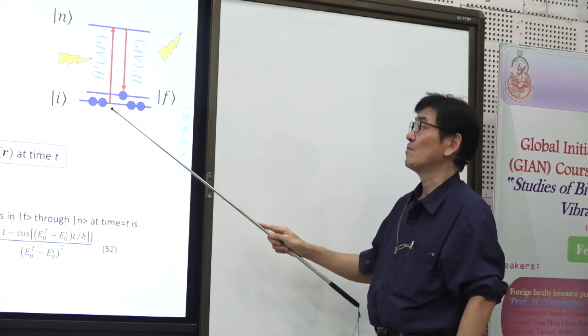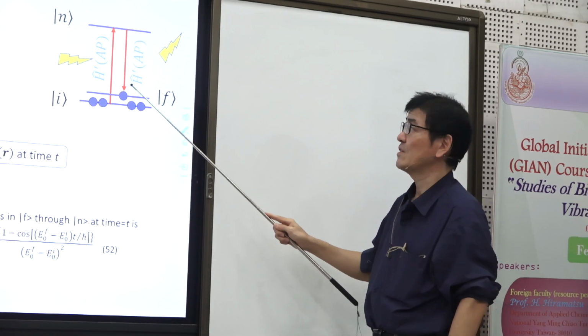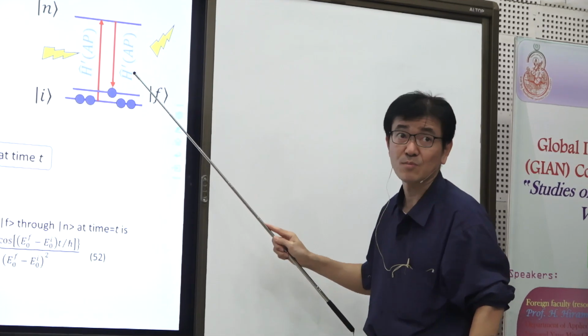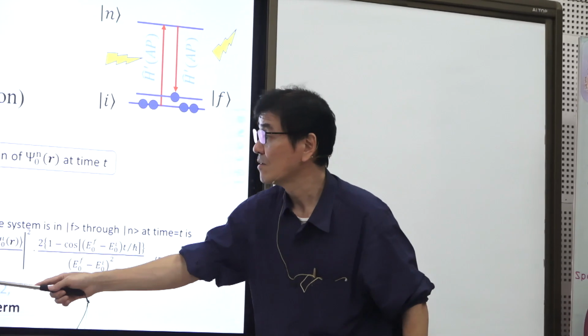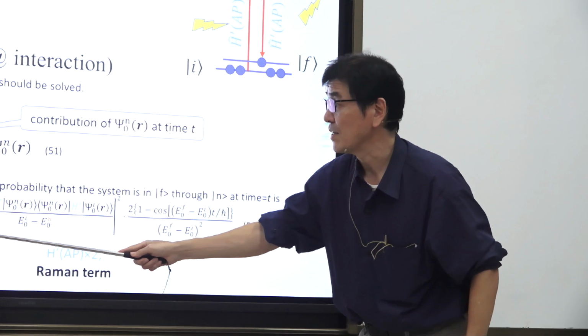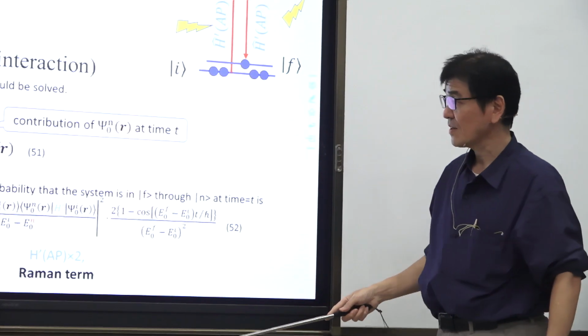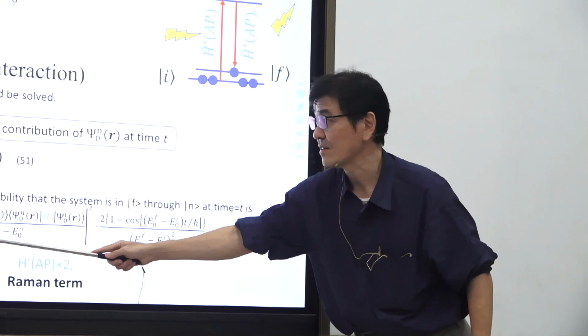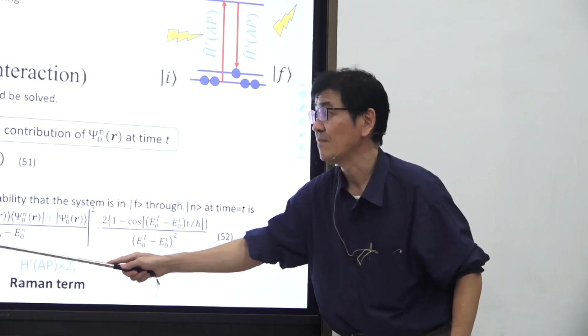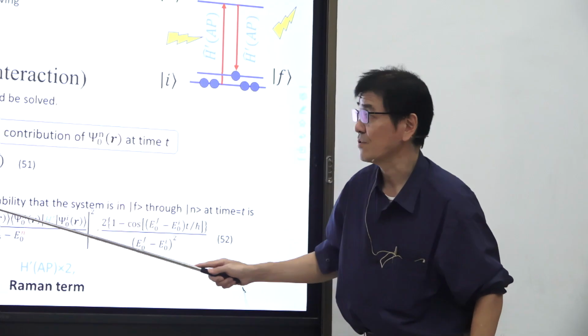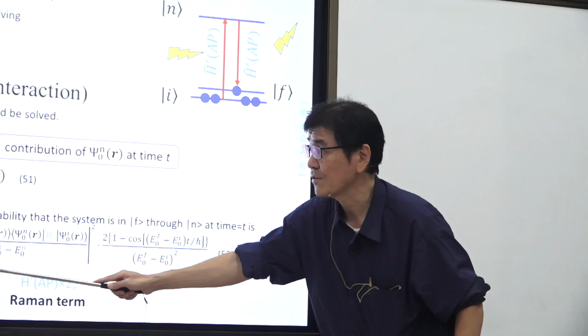The probability of the occurrence of this process is calculated by considering B F T. This parameter indicates the probability that the molecule exists in the state F at time t.